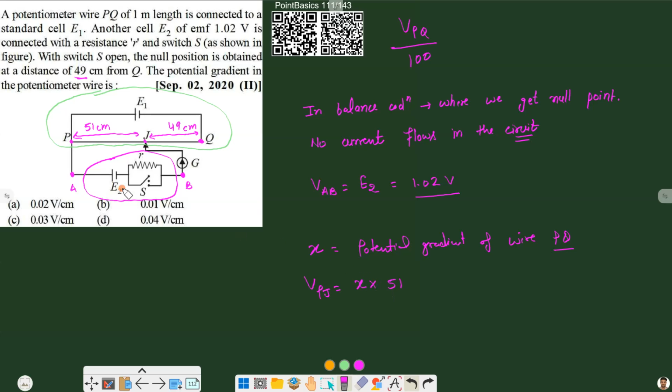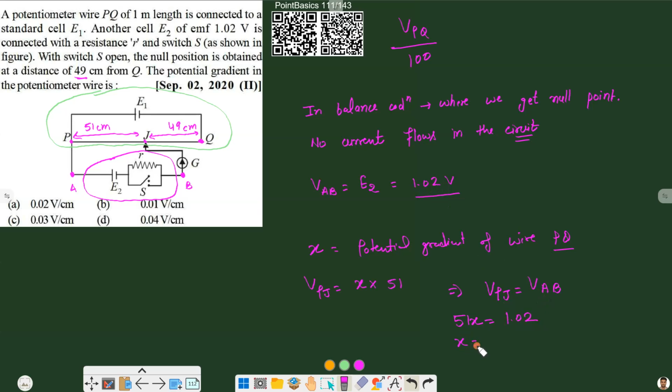And we can see from this diagram P and A are connected, J and B are connected. So as these points are connected, VPJ should be equal to VAB, and VPJ is equal to 51 into X, and VAB is equal to 1.02.